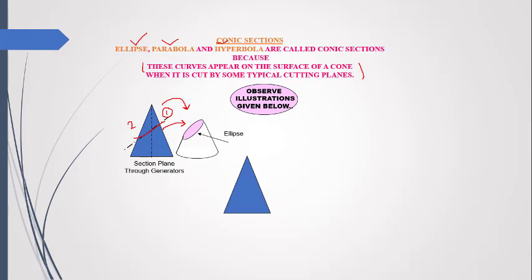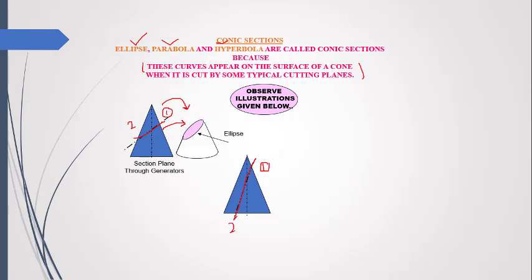Now let's see the parabola, what a parabola is and how it can be achieved. Taking again the same cone, the cone is cut along one generator, that is side 1, and from the base.